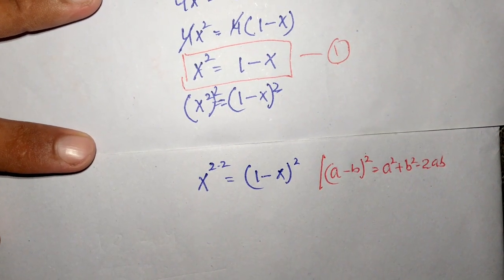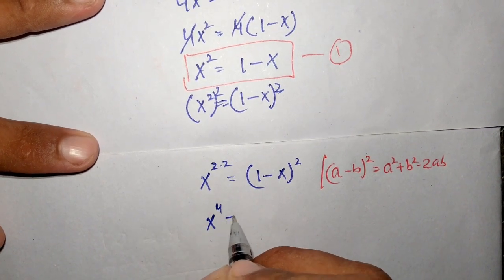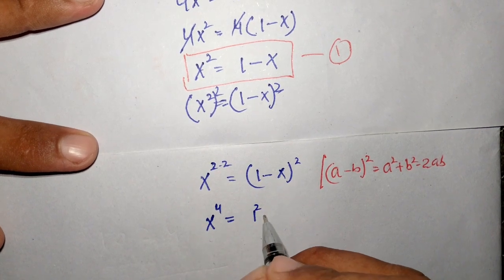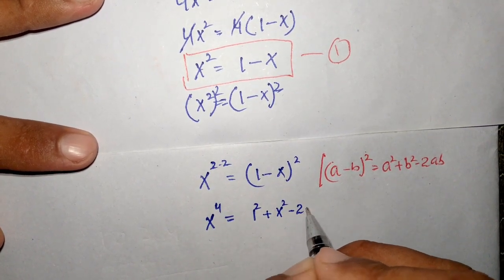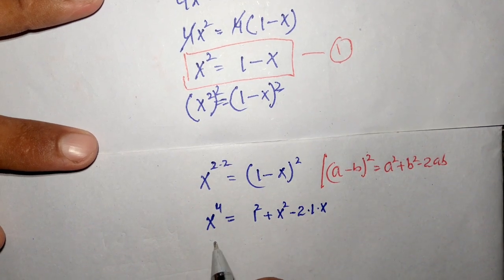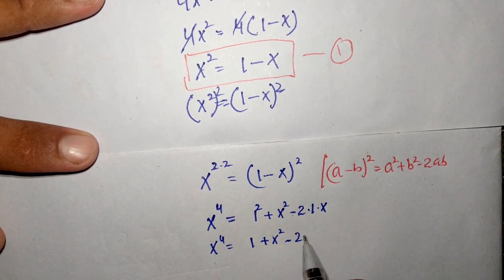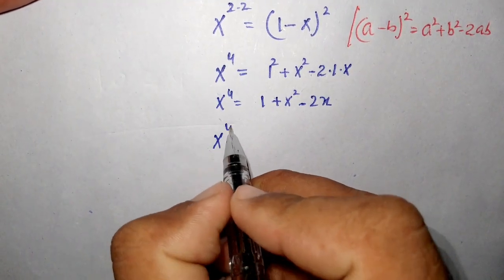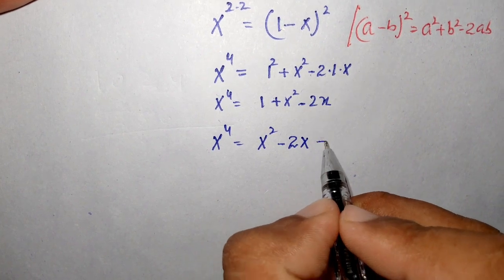To apply this formula, x to the power of 4 is equal to 1 square plus x square minus 2 times 1 times x. So x to the power of 4 is equal to 1 plus x square minus 2x. X to the power of 4 is equal to x square minus 2 times x plus 1.